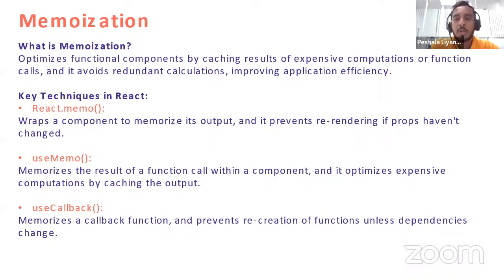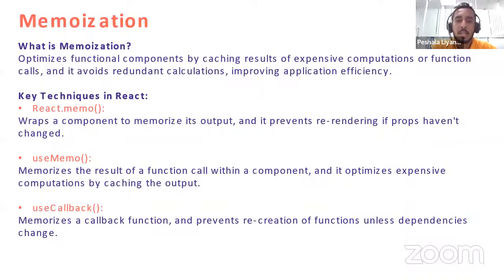And useMemo, we can use to cache the output of a function or a data set. Let's say there's an expensive computation that needs to happen on a data set, and once you do the computation, it caches the data. After that, if you do the same computation, or if you add the same filter or something, it doesn't do the computation again.